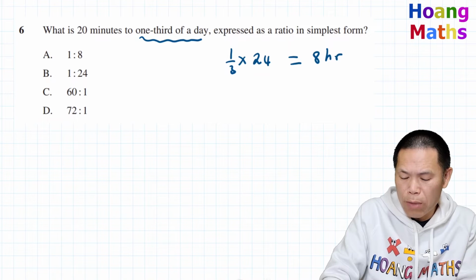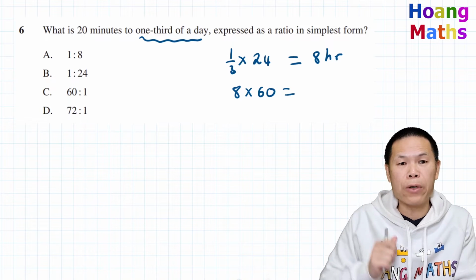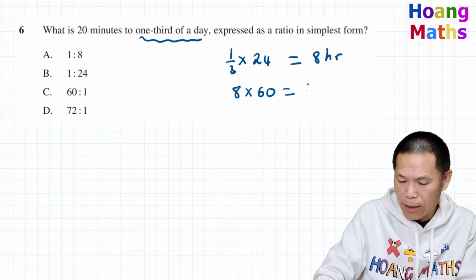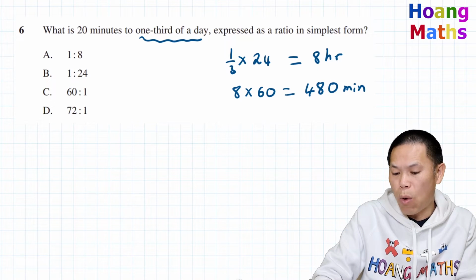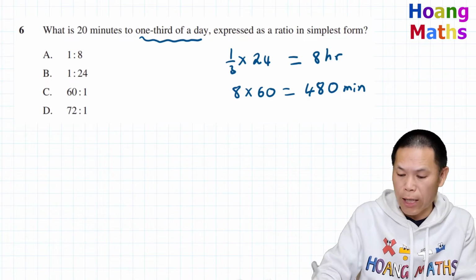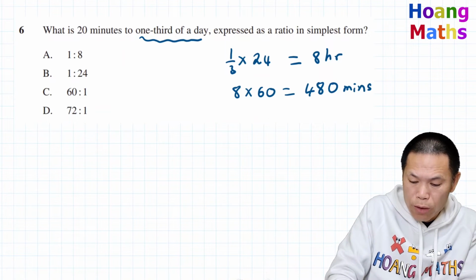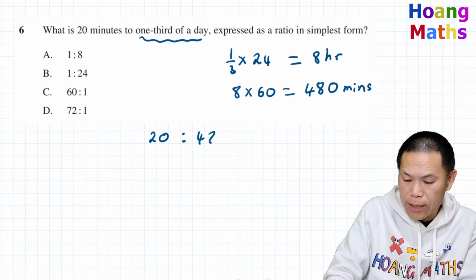But then we need to convert 8 hours into minutes. So to convert to minutes, we just go 8 hours, we times by 60. Because 1 hour is 60 minutes. So 8 times 6 is 48. So 48, we add a 0. So that is minutes. Otherwise, of course, you can just put down a calculator. So we need to write in ratio form. So 20 minutes to 480 minutes.